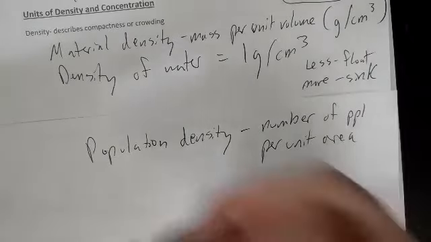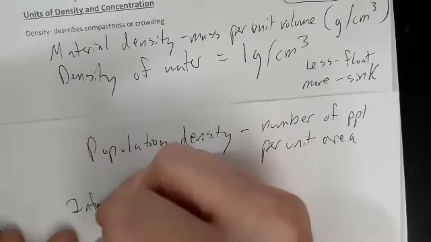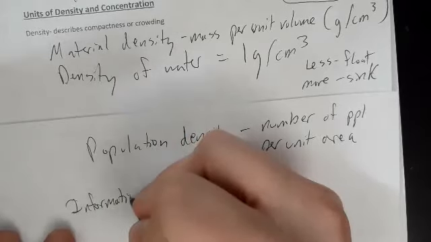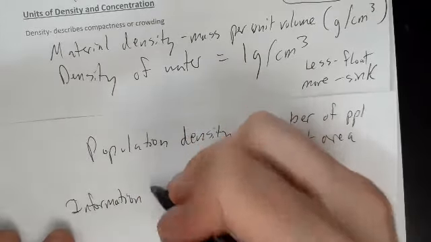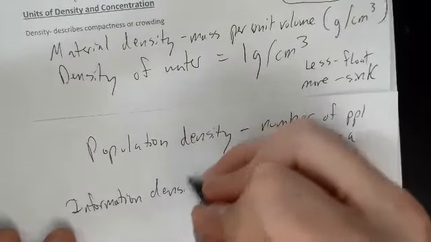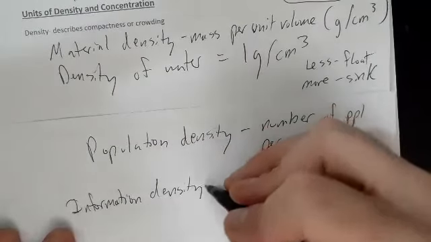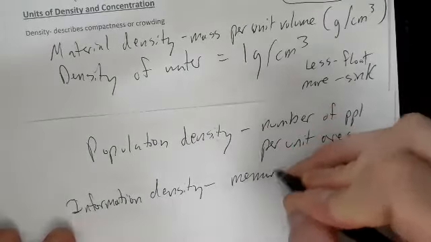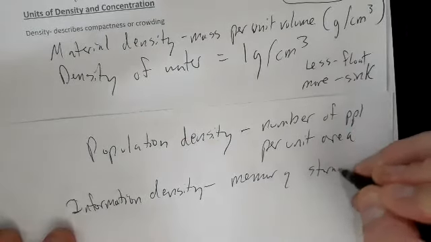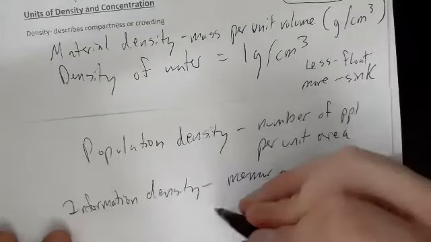And the last thing we want to talk about is if we talk about technology and the space on a chip, that would be the information density. So we're talking about memory storage on digital media.